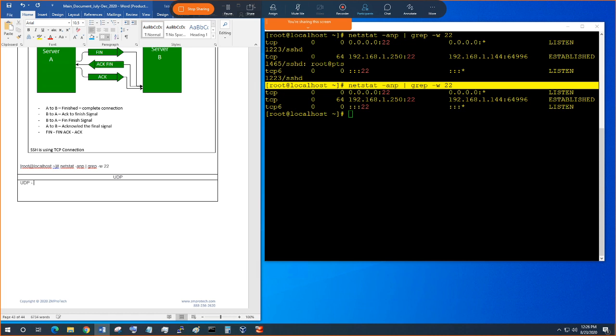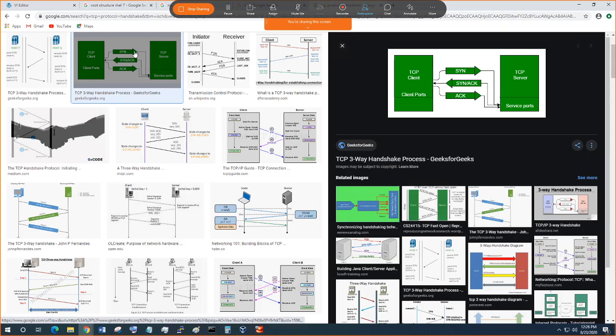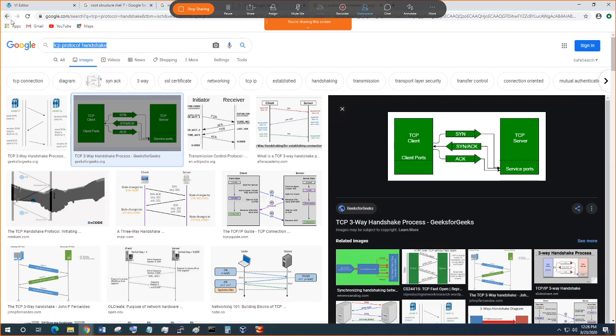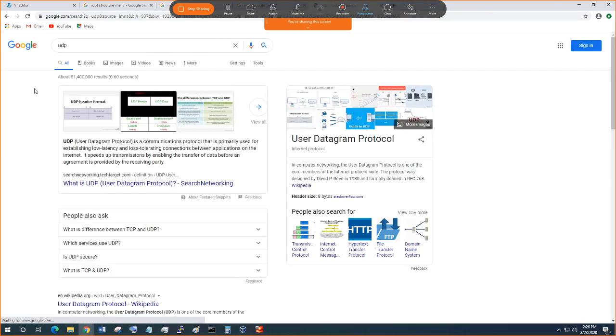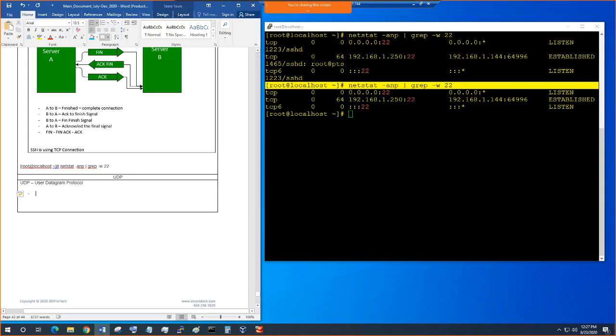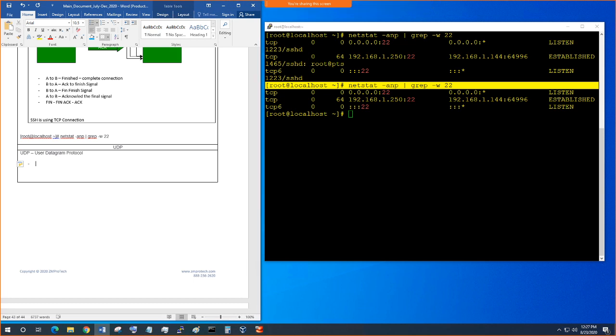User Datagram Protocol. We'll come back to this. So it's a connectionless protocol.